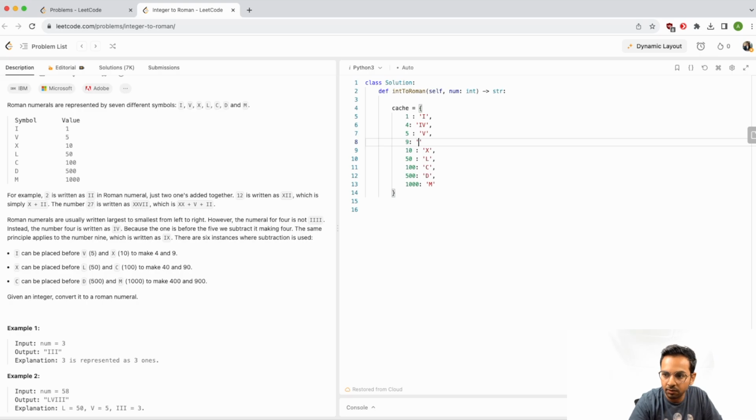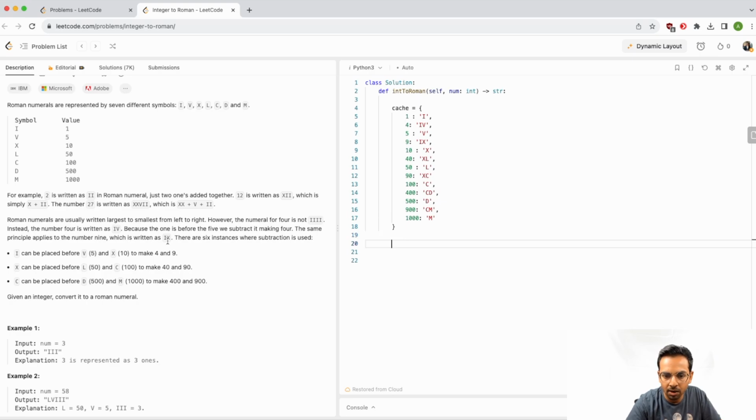What about 9? 9 would be IX, so I goes before X. 40 would be XL. 90 would be XC. 400 would be C placed before D, so CD. And 900 would be CM. Okay, so our dictionary is ready.